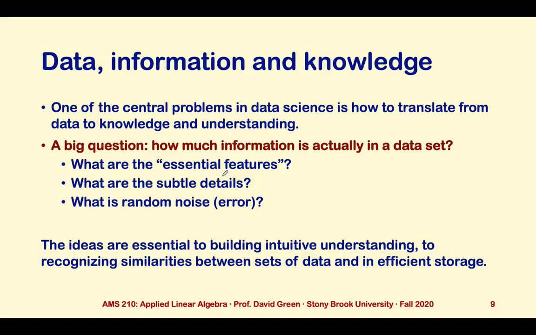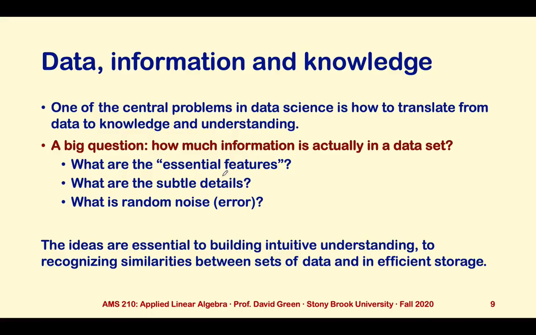All right. Now, working with data matrices, image matrices, is somewhat different than working with matrices that we think of as systems of equations. One of the problems that we're often looking for in working with these kinds of data matrices is, how do we translate from data, that is the raw data stored in our matrix, to knowledge and understanding? What does the data mean? What does it tell us?